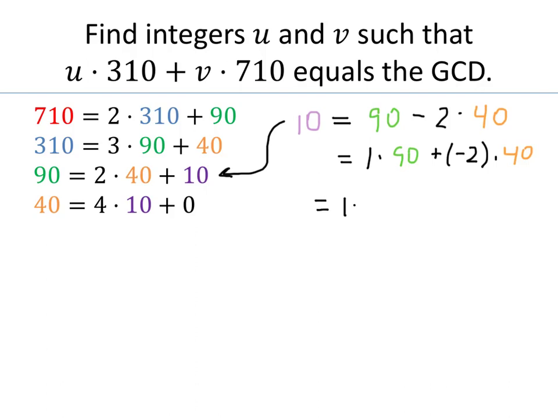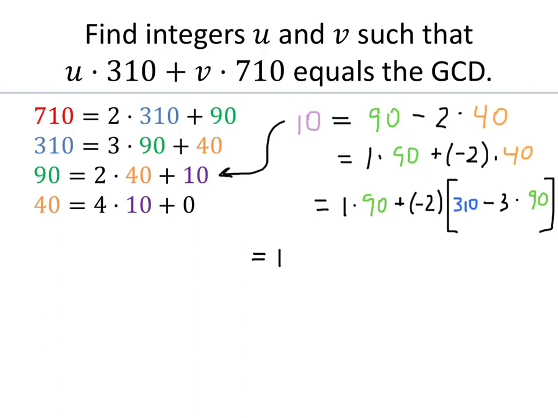So we still have 1 times 90. And we still have plus negative 2 times, but now the thing that negative 2 is being multiplied by is what I get by solving that second equation for 40, which is 310 minus 3 times 90. So 310 minus 3 times 90. Now I want to simplify this expression here, but I want to keep the 90s and the 310s as 90s and 310s.